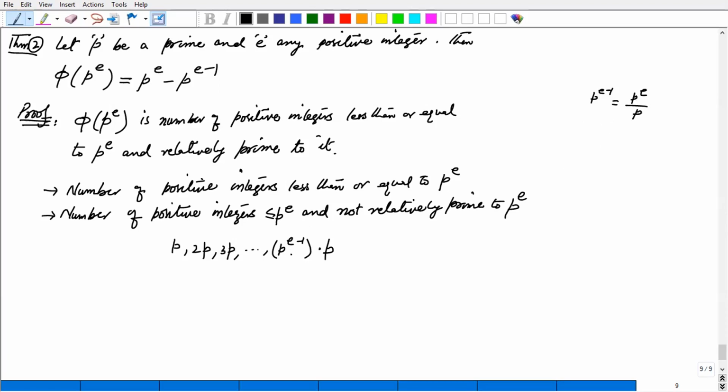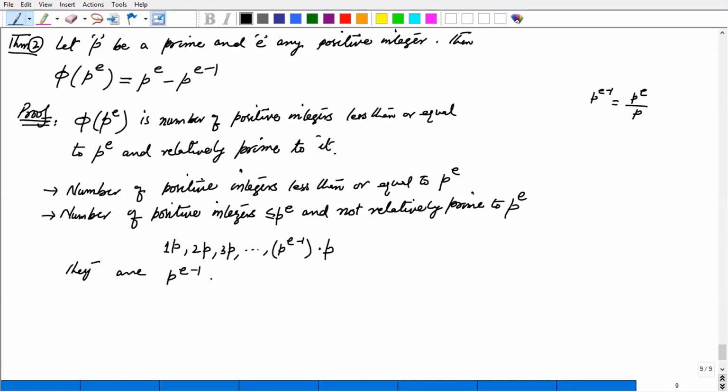Okay. So how many of them? How can you count them? This coefficient is 1, 2, 3 till p to the power e minus 1. So they are p to the power e minus 1.